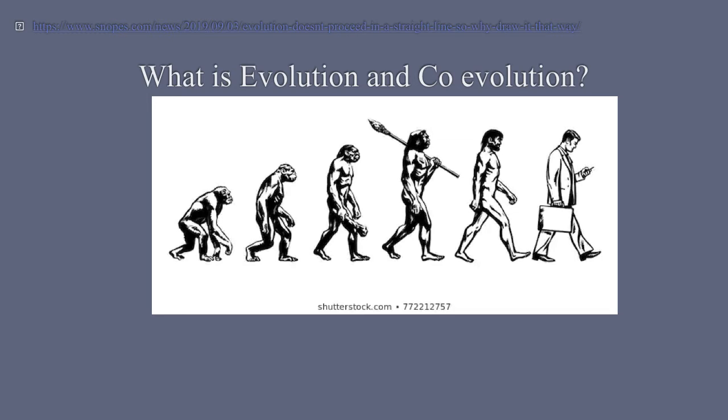A key component of evolution is population change. In biology, coevolution occurs when two or more species reciprocally affect each other's evolution. Charles Darwin mentioned evolutionary interactions between flowering plants and insects in his book On the Origin of Species.